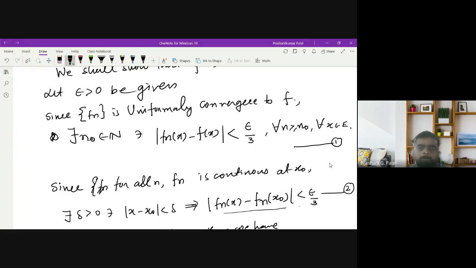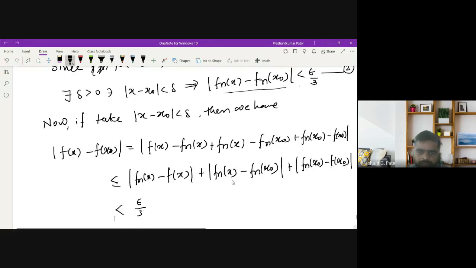In the second modulus, we use statement 2, which tells you that fn is continuous, so plus at x0, epsilon by 3. In the last term, we are actually using the pointwise convergence at the point x0.